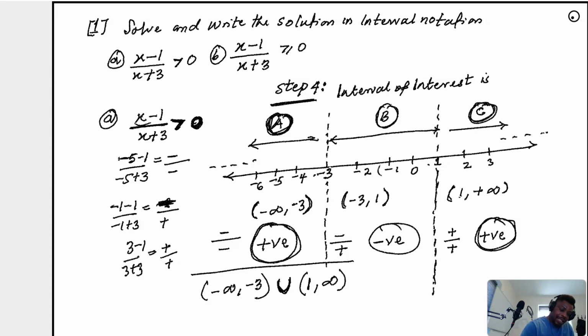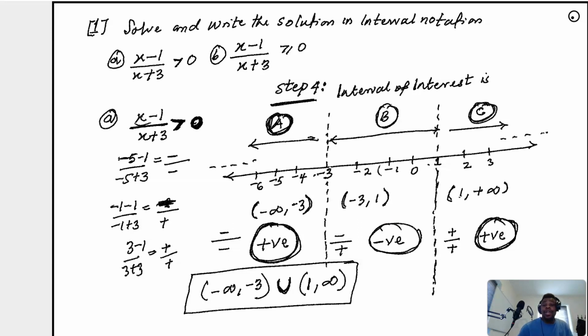So this is the interval of interest. So our interval of interest is basically what this is telling us, positive. Part A is positive and part C is positive. We cannot pick B because B is negative. So this is the interval of interest.